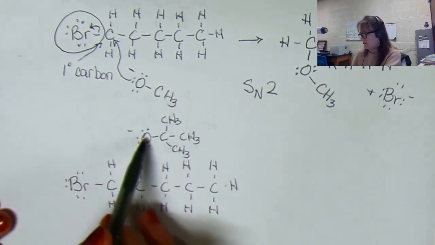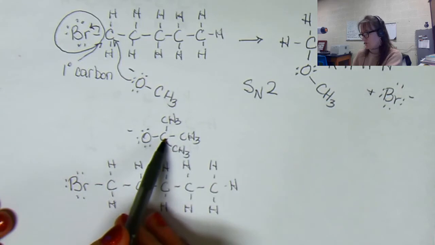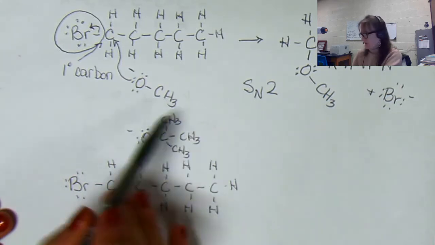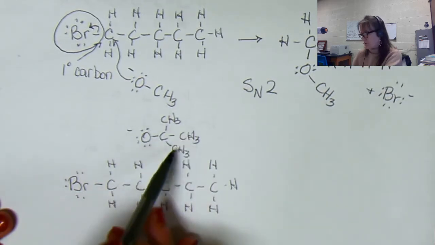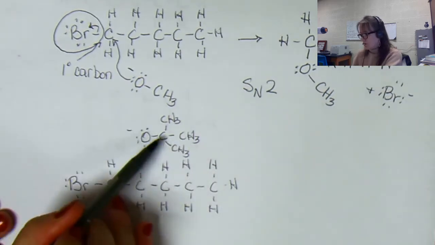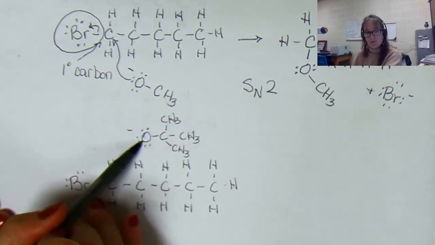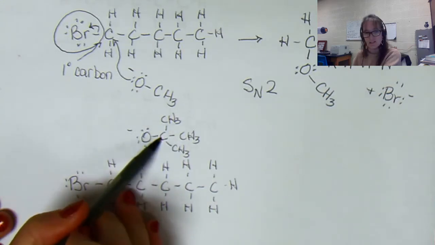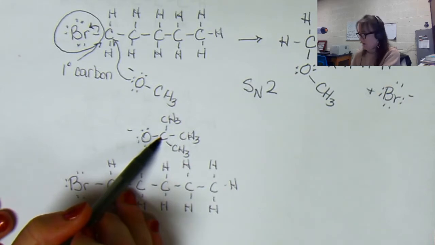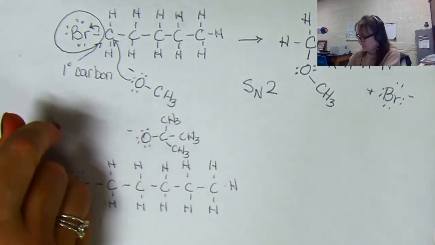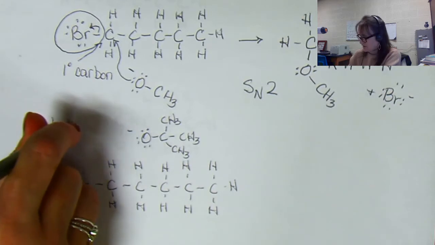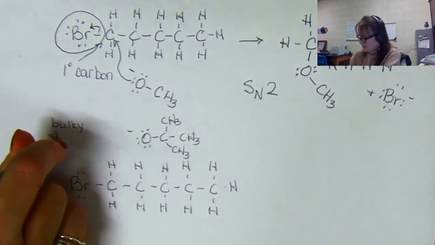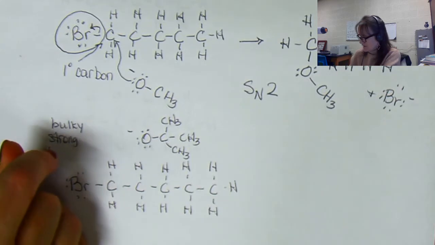But instead of the oxygen being bonded to one carbon, that one carbon is a tertiary butyl group. And so the one carbon is bonded to three other carbons. And so this nucleophile, the portion that will go after something, has attached to it a carbon that is tertiary. And so this is called a bulky, strong base.